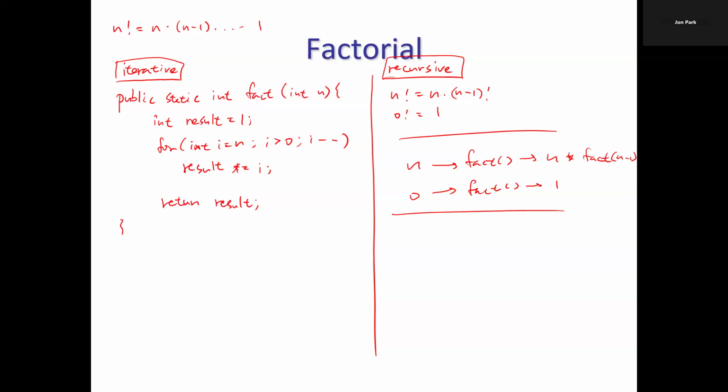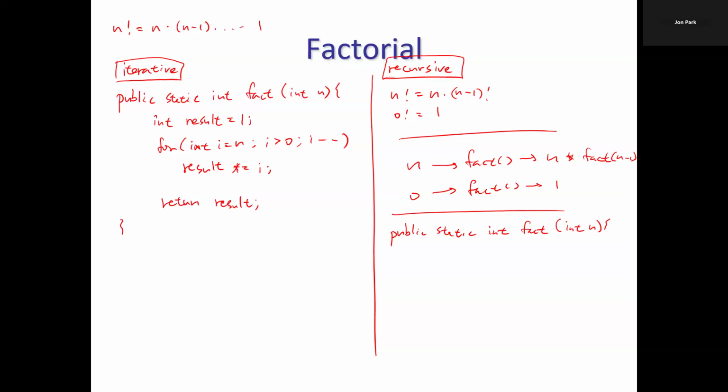Okay, and now let's write up the actual method. Public static int fact, int n. Notice that this is exactly the same as that.